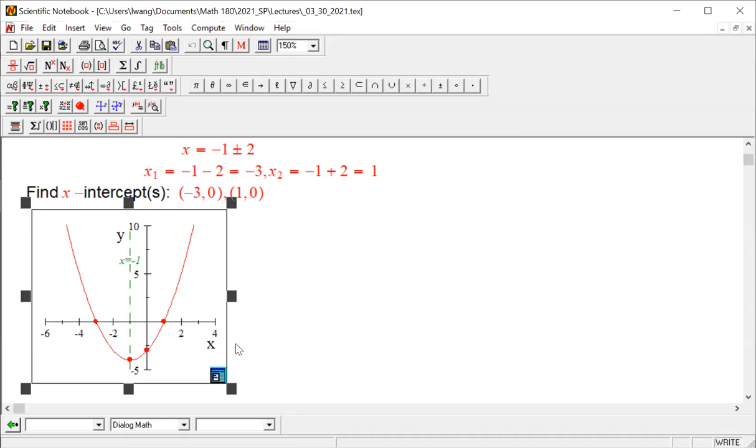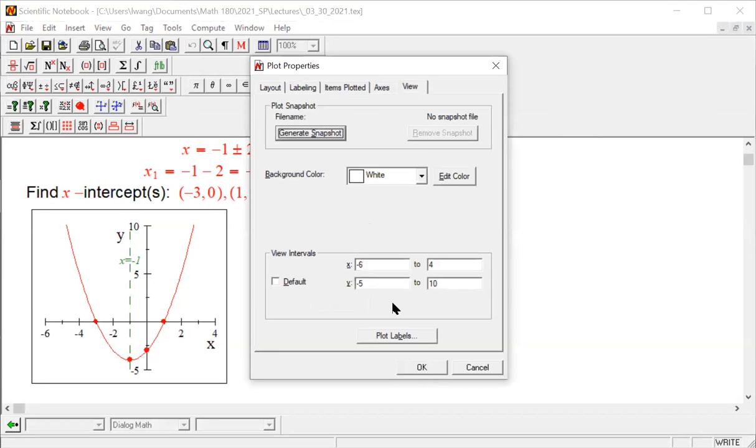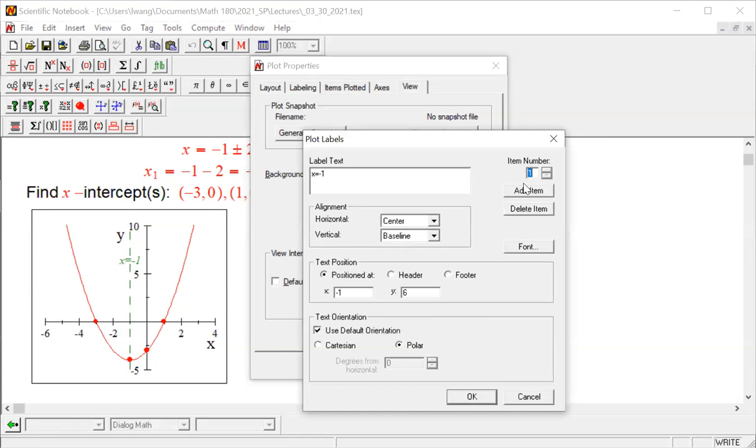We first found the y-intercept because that's the easiest. Then we did completing the square and found the vertex, and then we found the x-intercepts. 4 points. And I want each one of us to mark these points on your picture, as a good habit.